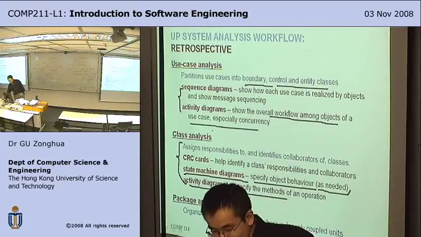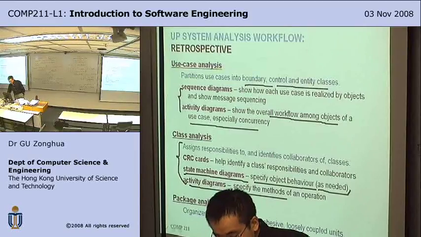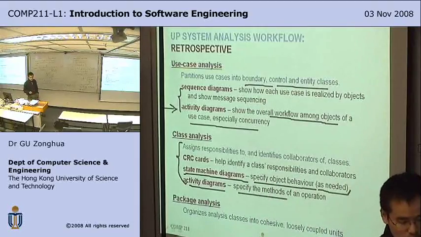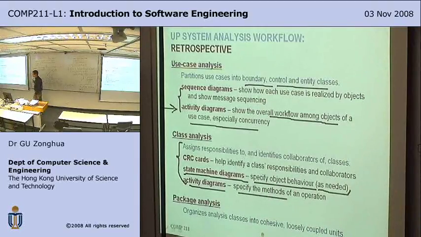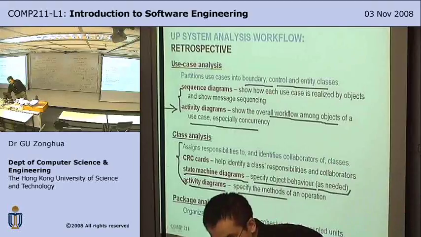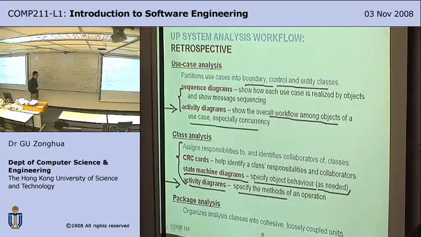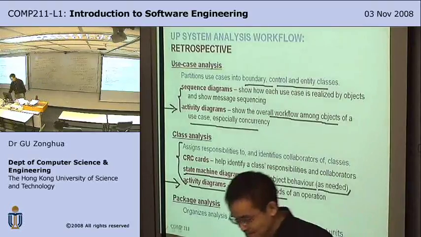So activity diagrams really can be used both ways. One is at the high-level use case analysis level, where you're showing the overall high-level workflow, and also at the low level in the class analysis part to show the implementation of a particular small operation.